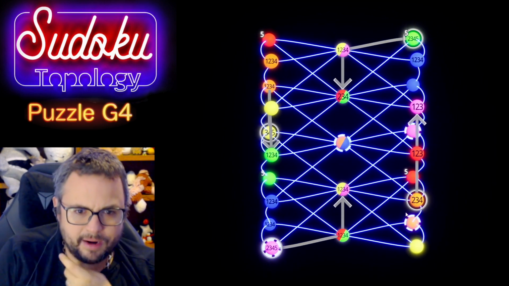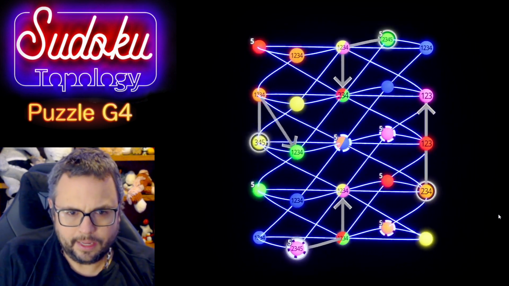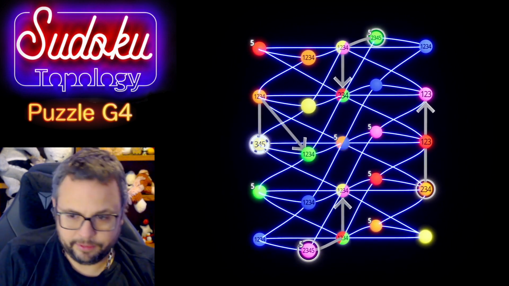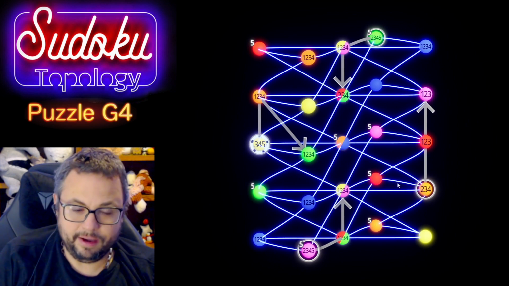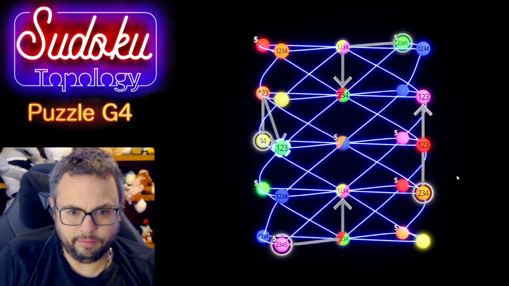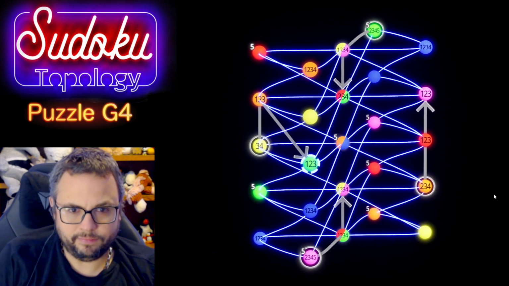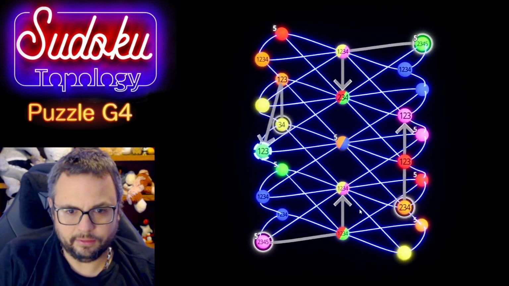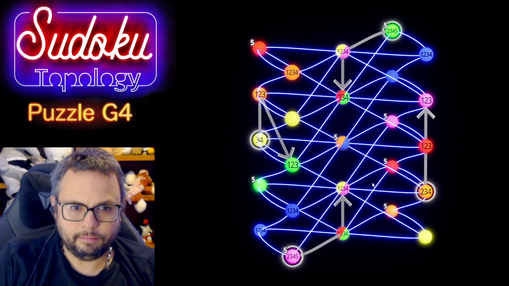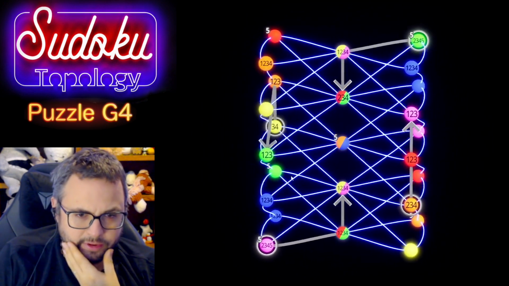So nothing in the bottom or middle layer can be 5, other than those cells. So in particular, that rules 5 out of this cell, which rules 4 out of those. And I guess we'd already ruled 5 out of the others, huh? But that at least restricts that cell further.